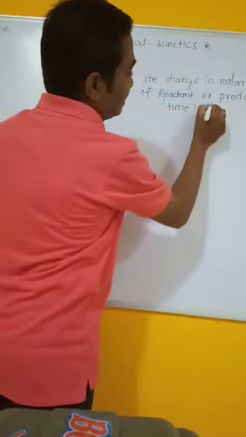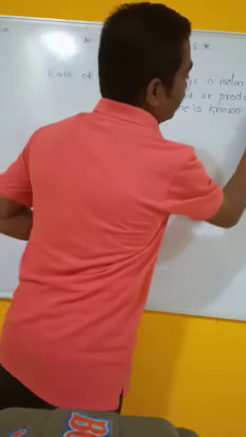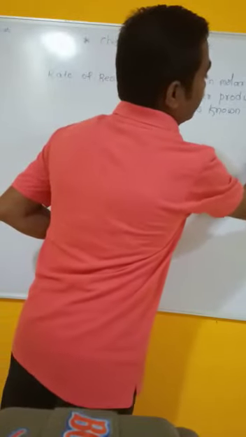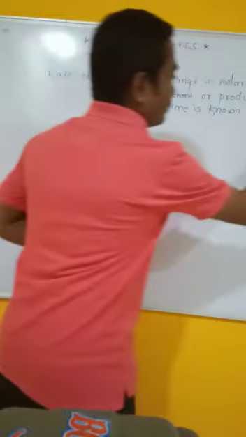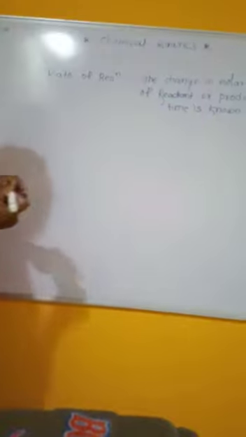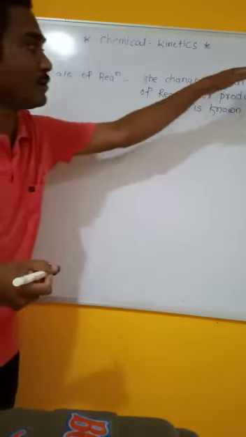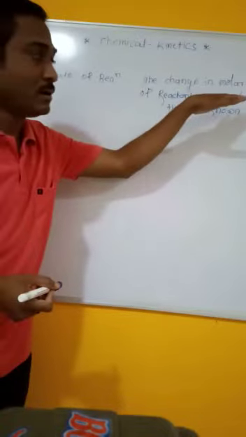It is known as the rate of reaction. That is, the change in the molar concentration of any one of the reactants or products per unit time is known as the rate of reaction.